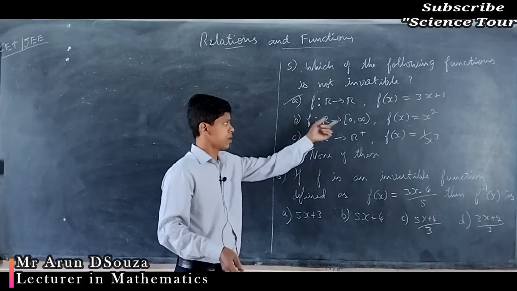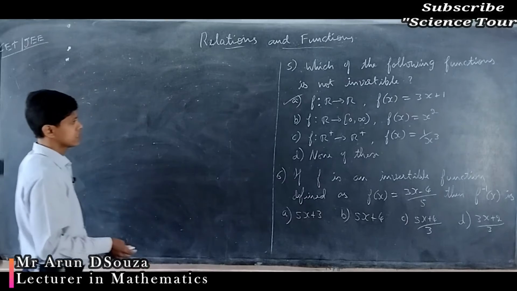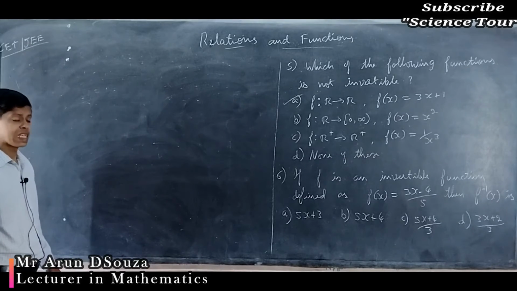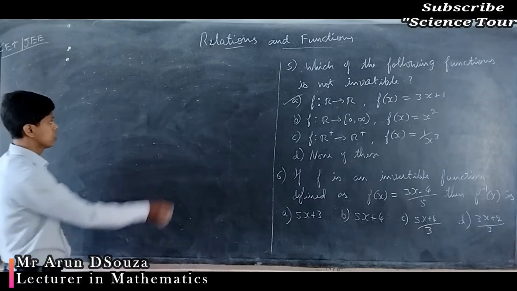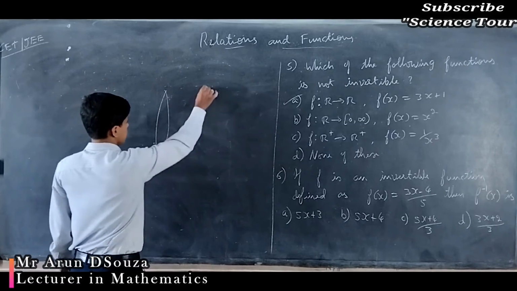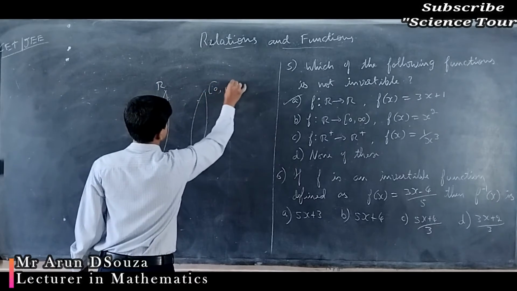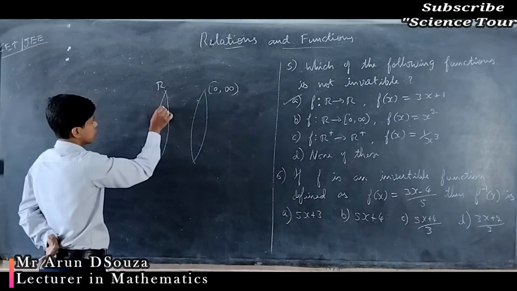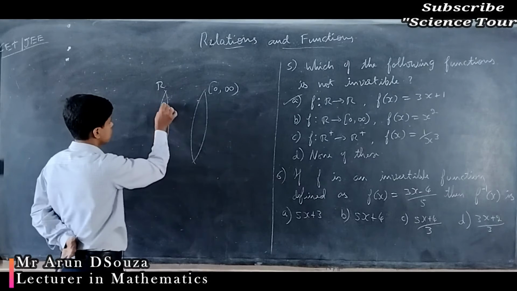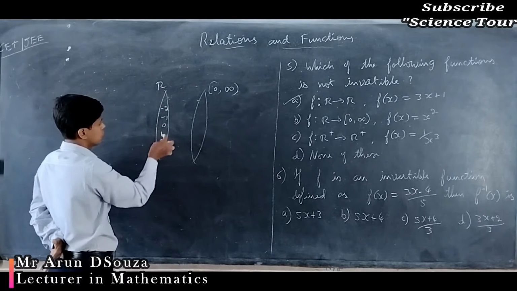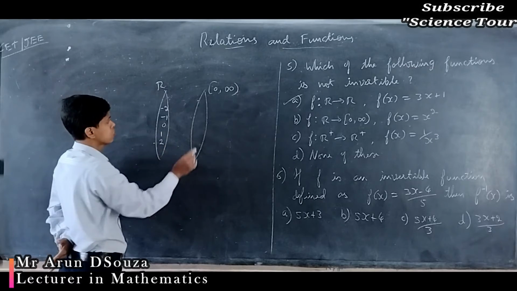What about the second? f of x is equal to x square, and it is defined only on 0 comma infinity, only positives. So you have got only the positive values here. You don't have the negatives. Okay, so in the domain you have negatives, you have 1.1, 1.2 and so on.